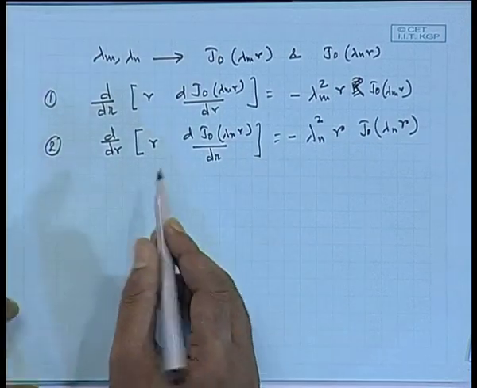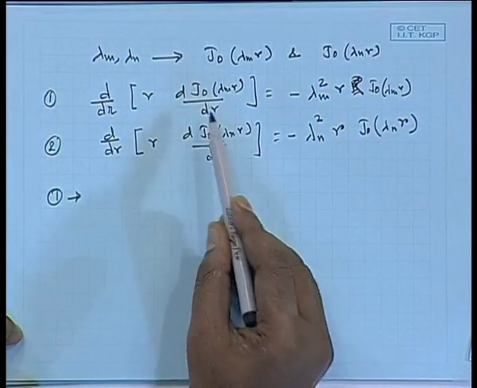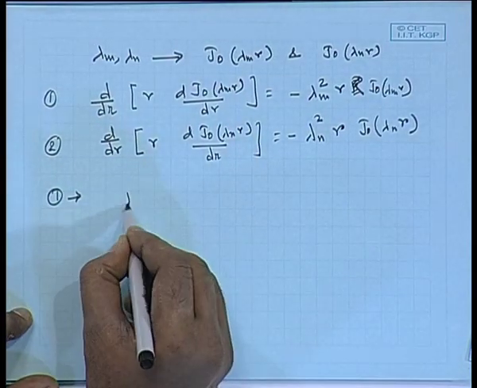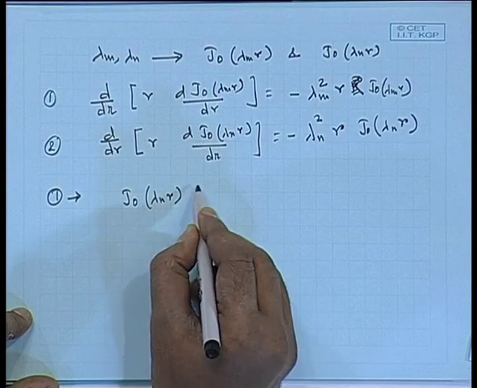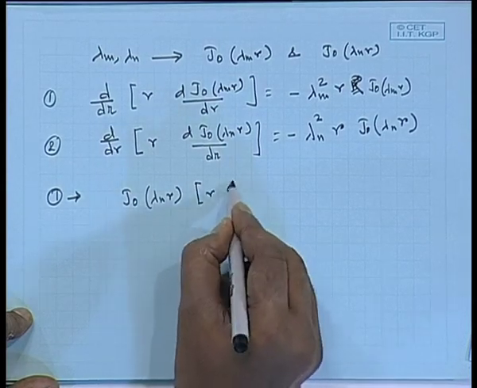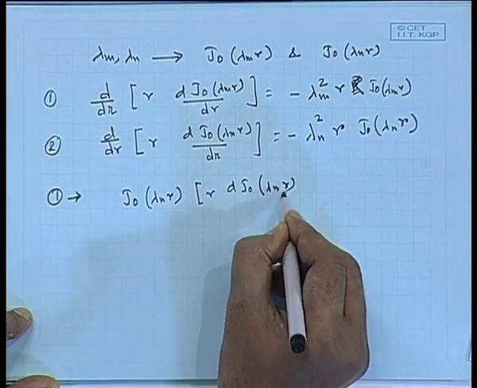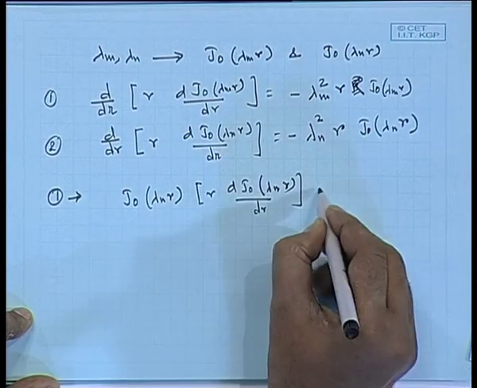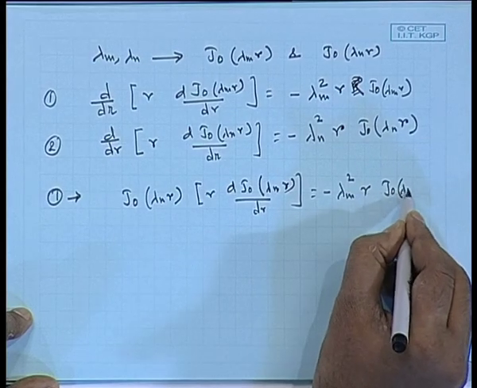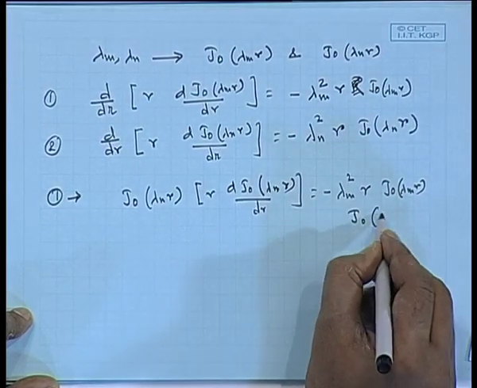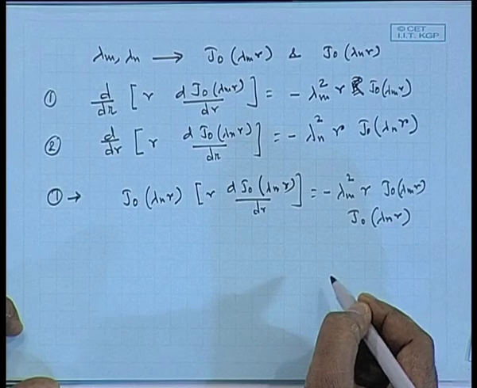Let us do one by one. We multiply this equation with the other eigenfunction, that is J0(λn r): J0(λn r) d/dr of (r dJ0(λm r)/dr) minus λm square r J0(λm r) J0(λn r).